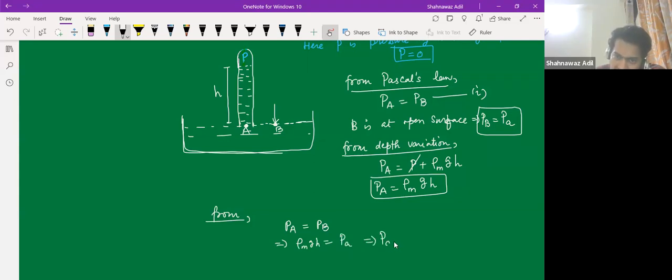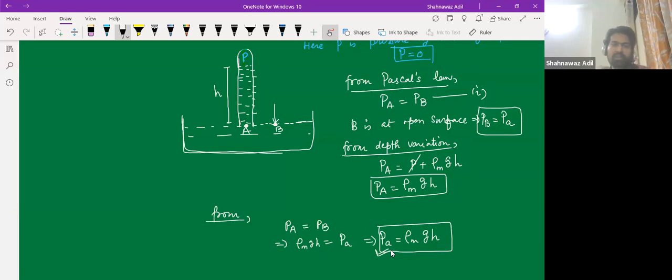Now we know this rho m, the density of mercury, we know g, and h we can calculate. So if we bring this barometer to different places, this height will change, and by calculating the height we can calculate the atmospheric pressure.